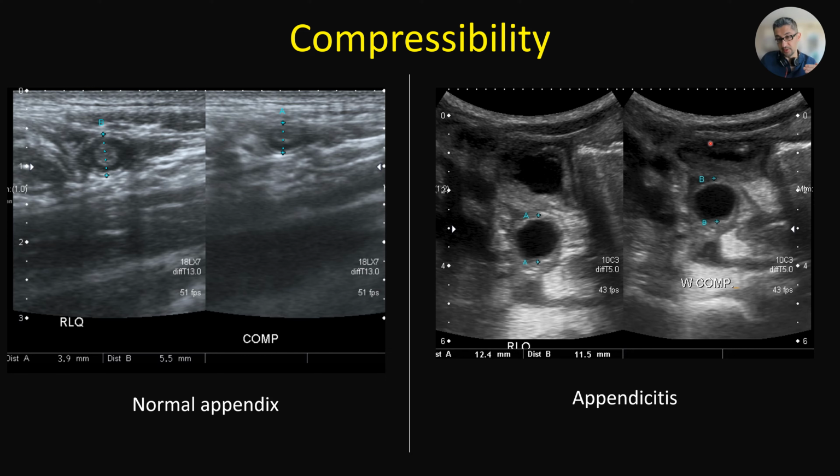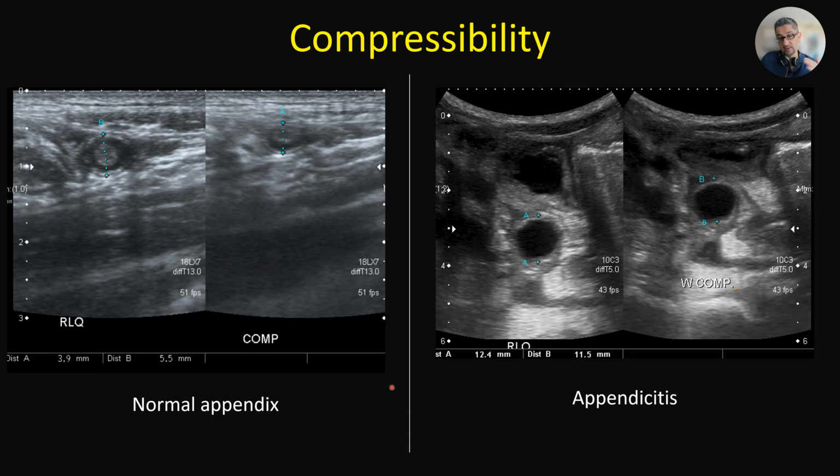Here, for example, with the compressed image, there is decreased thickness of the normal soft tissues between the skin and the appendix, so that there is enough compression, but still the lumen is not compressed. And here there is decreased soft tissues and the compression is adequate, and this is a normal appendix.